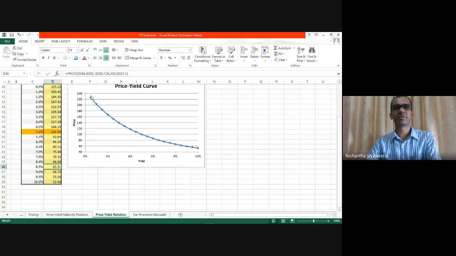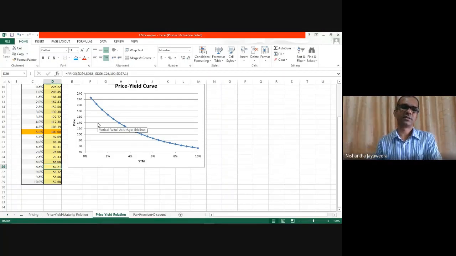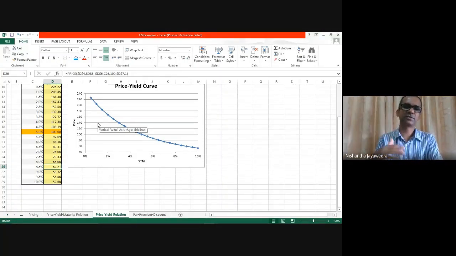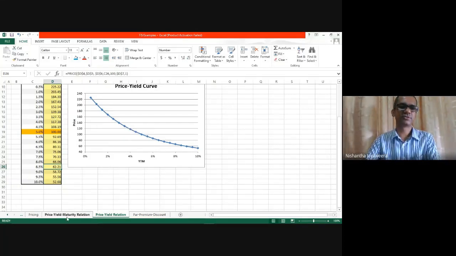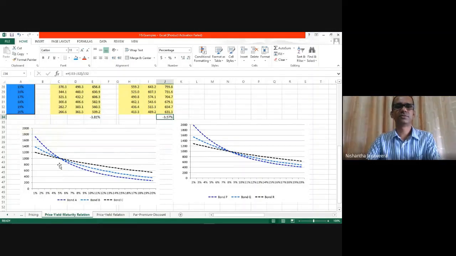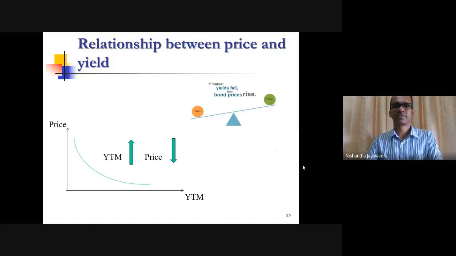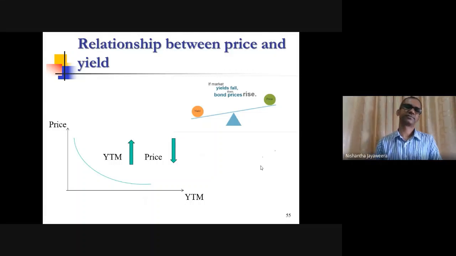This side at a premium, this side at a discount. So yield increases, price decreases, following a curve. The curvature depends on the coupon rate and the maturity. That's what you see here. Clear? Any questions?